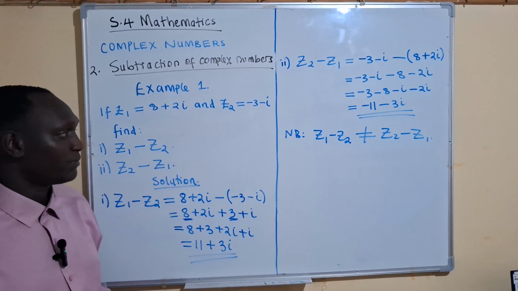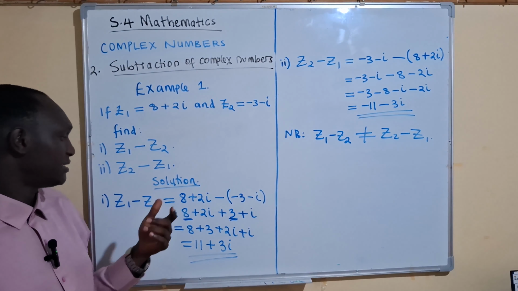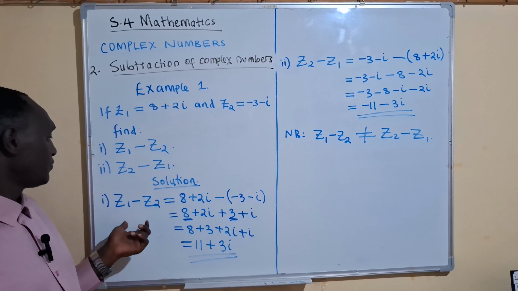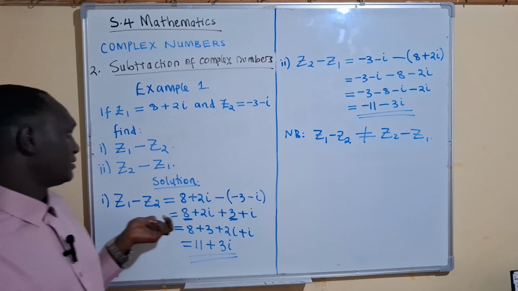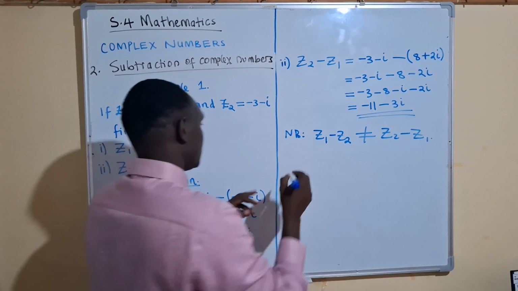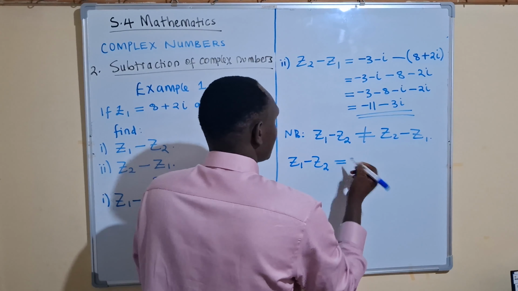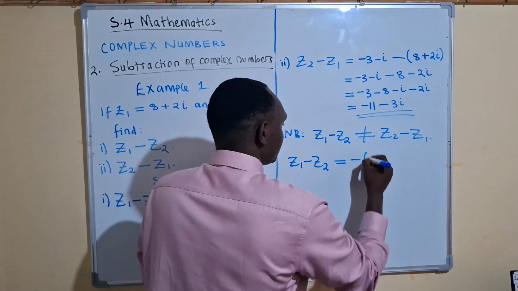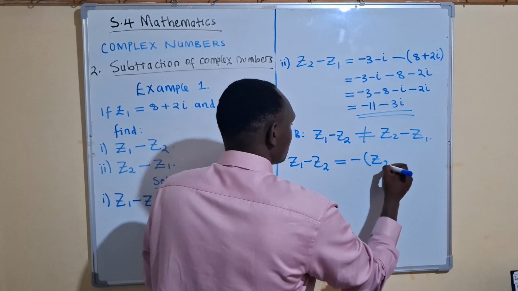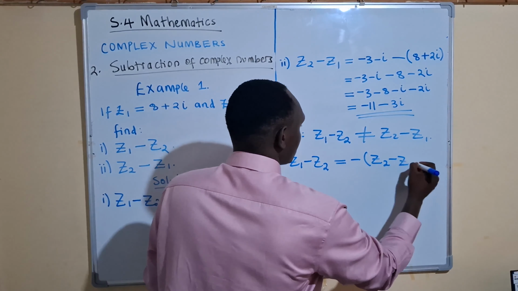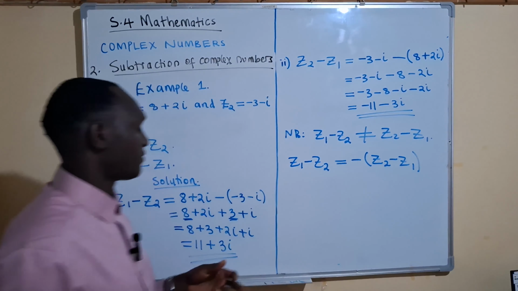What can you conclude from there? You can actually see that Z1 minus Z2 is the same as the negative of Z2 minus Z1. That's what you can see from there.